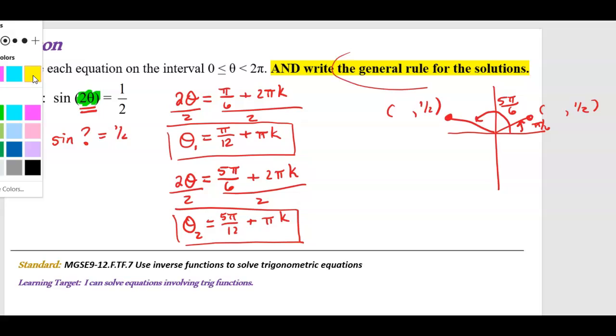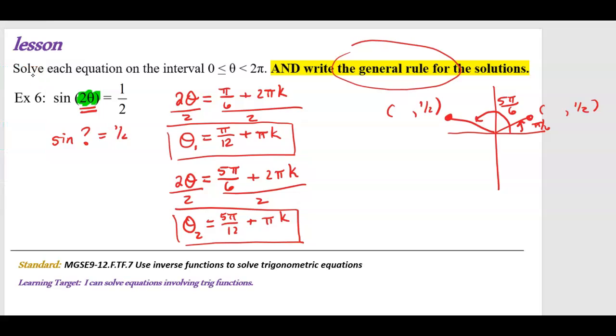So I found my general rules, and my general rules are theta 1 and theta 2. Okay, so general rules found. Now, here's where you have to be careful. Now I want to find every single possible solution that lives between 0 and 2 pi. So here's where it gets interesting.